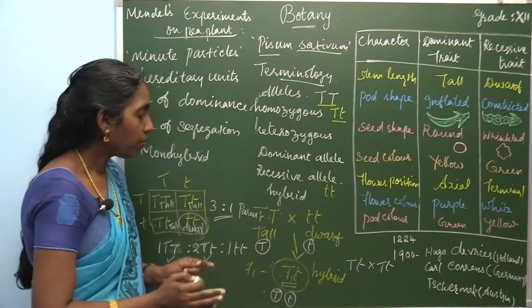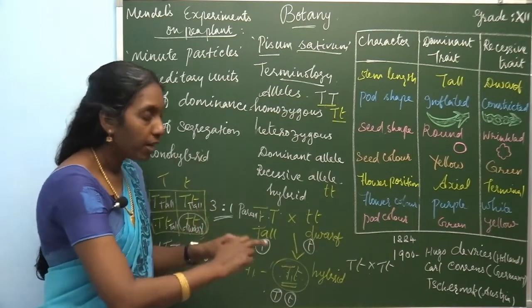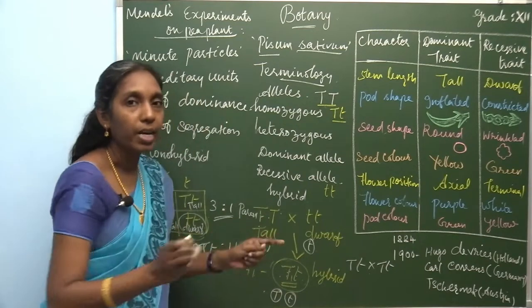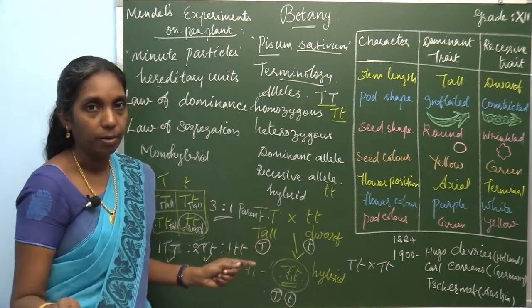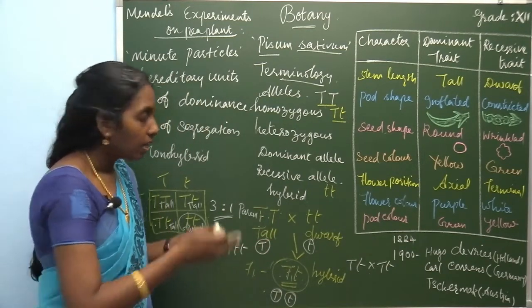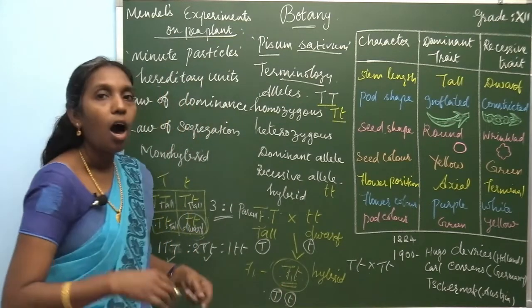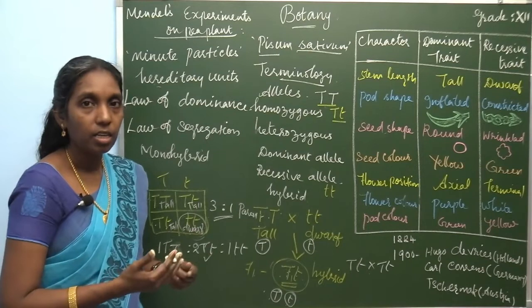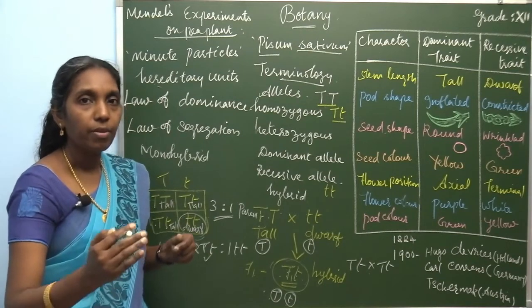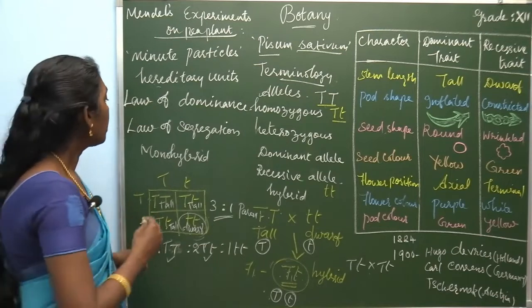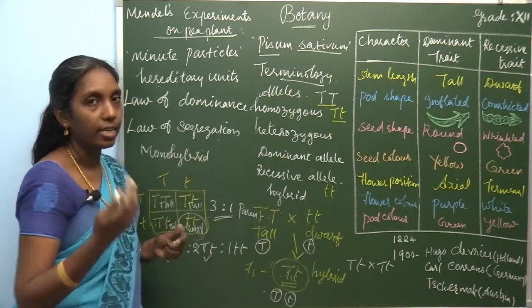These gametes separate from each other, segregate from each other. There is no blending. Capital T and small t segregate. So that is law of segregation.